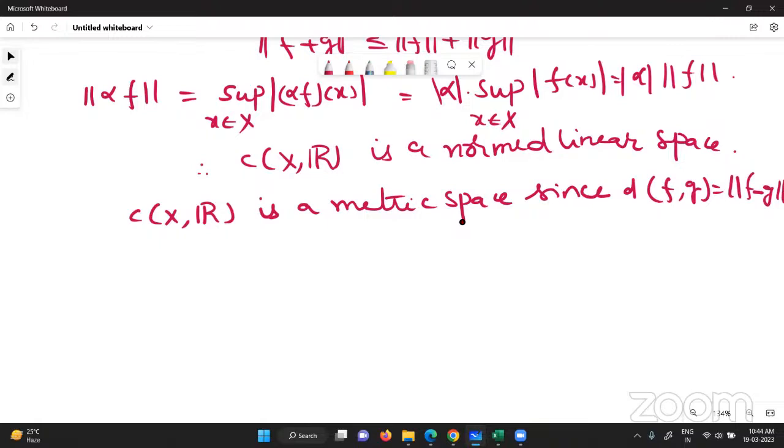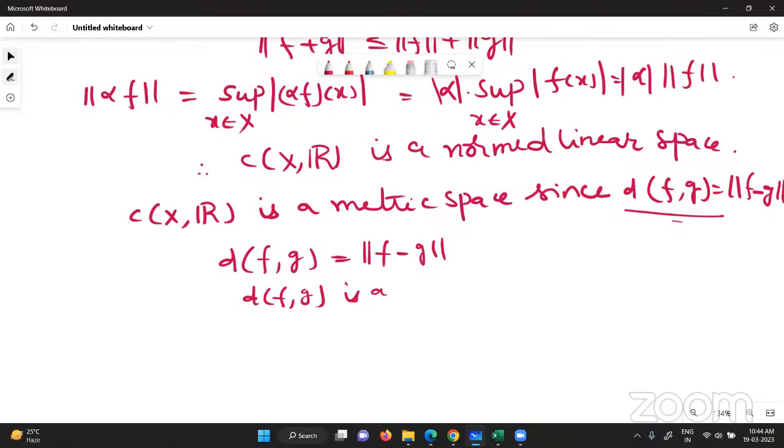It is easy to prove this is a metric. If you define it like this, you can prove all the properties of a metric.